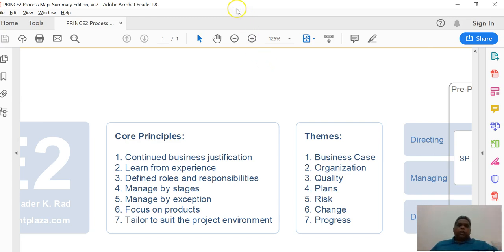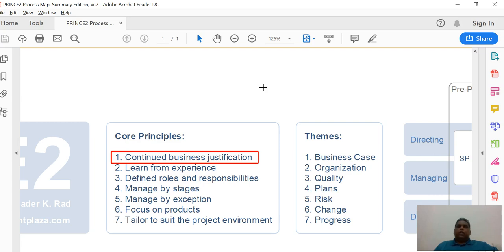The first principle of PRINCE2 is continued business justification. Now, that's a very important principle in any project. Even before we start a particular project, it's very important that we have a rationale or a justification or a cost benefit risk analysis for that particular project. Why is it that we are undertaking the project?